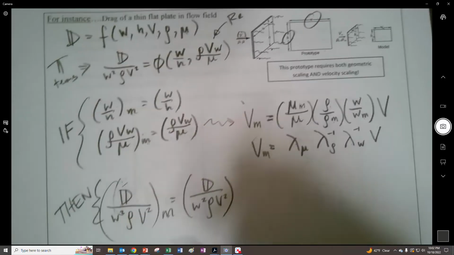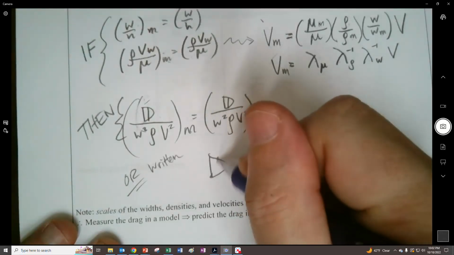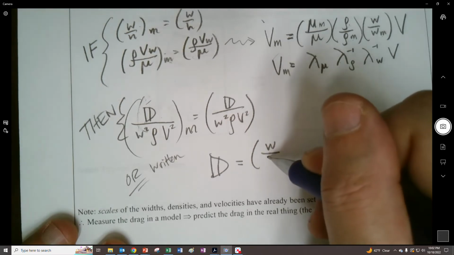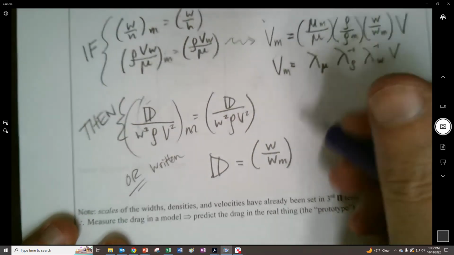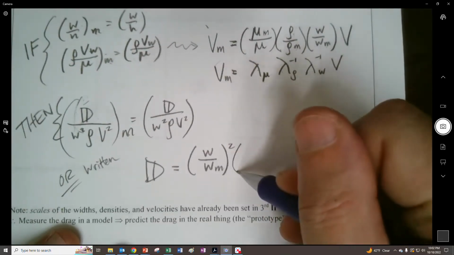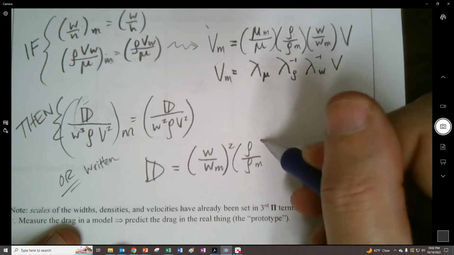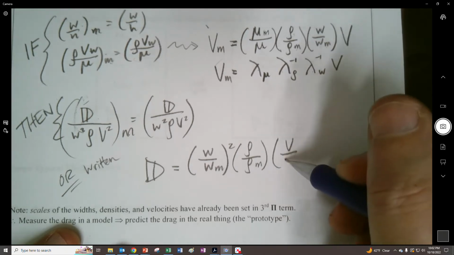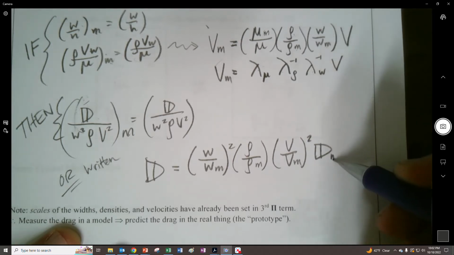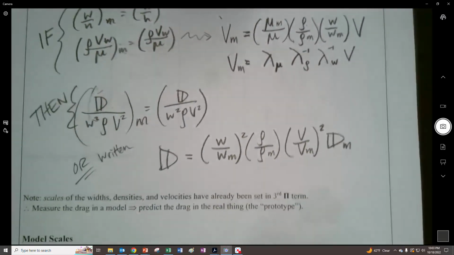This is just writing it in a different way: the actual drag is going to be found from the ratio of the widths, because this is the most important characteristic relationship, and the densities ratio and the velocity ratio. But you can see that this is by the square. These are by the square, but that's not by the square onto the thing.